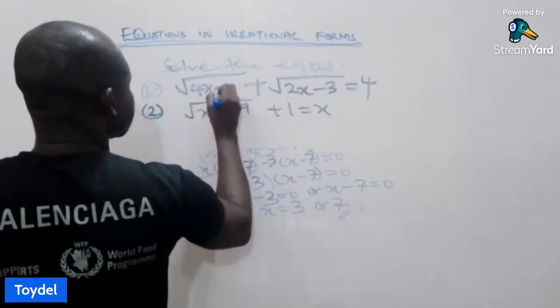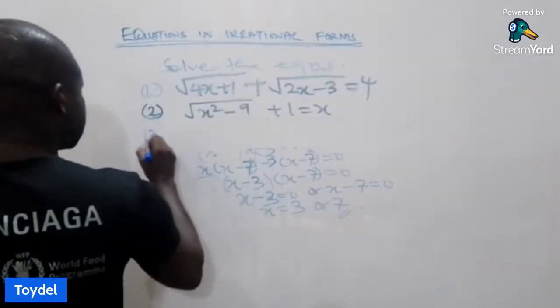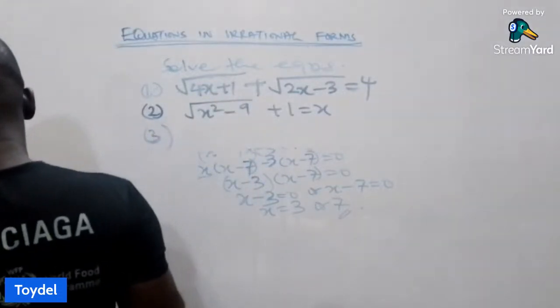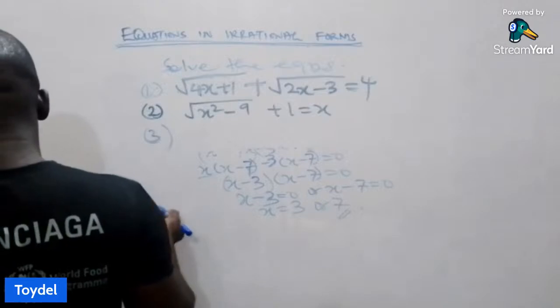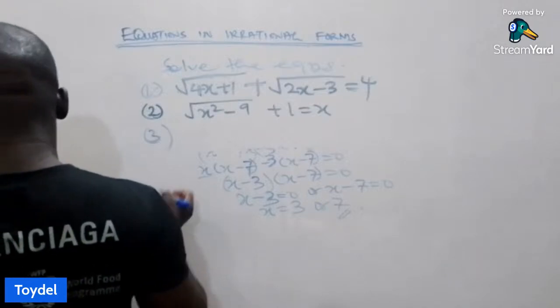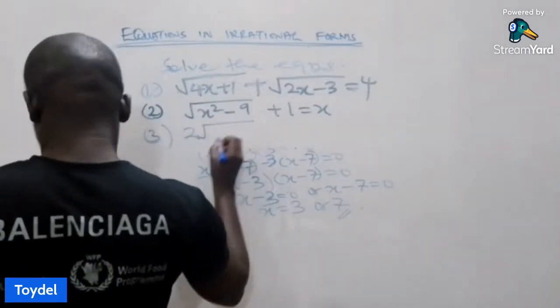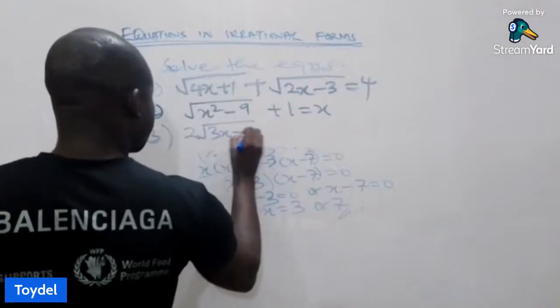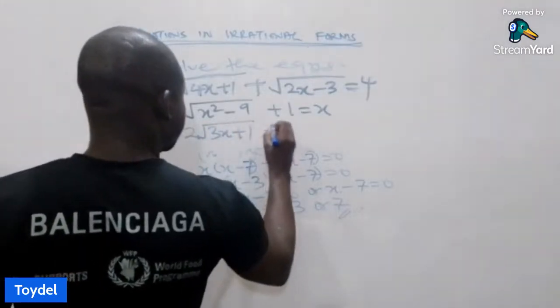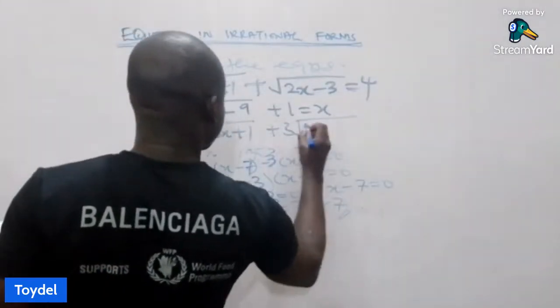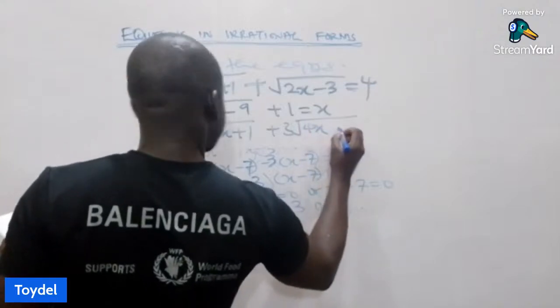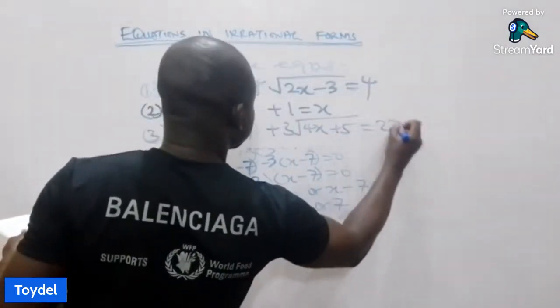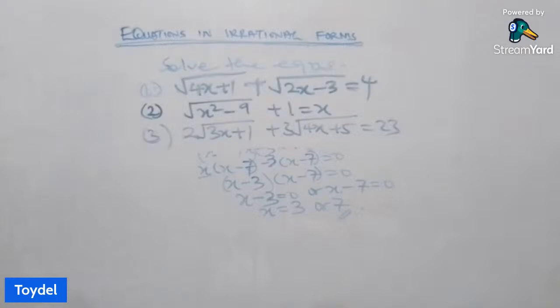Then let's take the last one, which we can have something of this nature. Just say 2 times the square root of 3x plus 1, then plus 3 times the square root of 4x plus 5 is equal to 23. Just try the 3 that we have on the board.